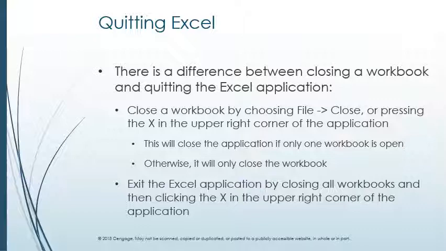This will close the application if one workbook is open. Otherwise, it will only close the workbook. Exit the Excel application by closing all workbooks and then clicking the X in the upper right corner of the application.